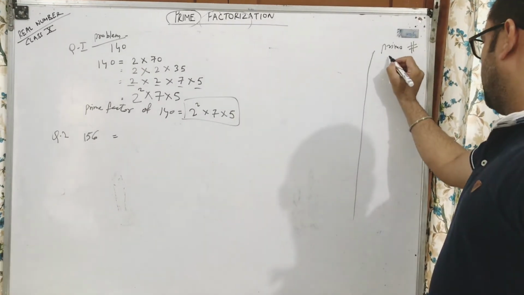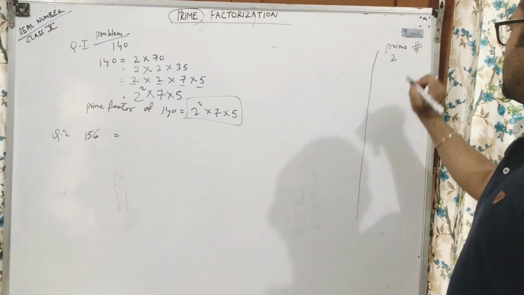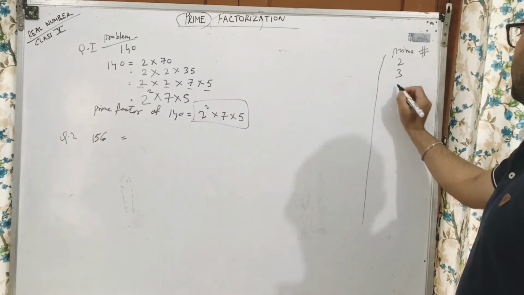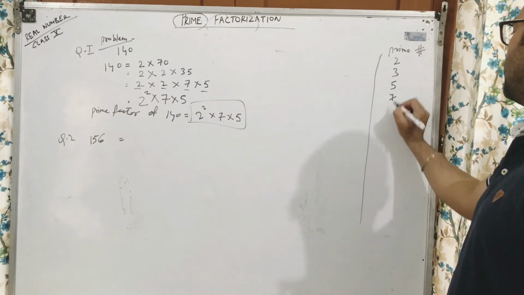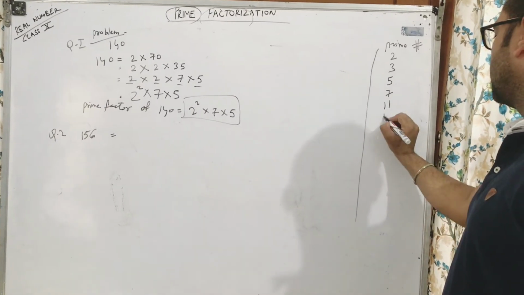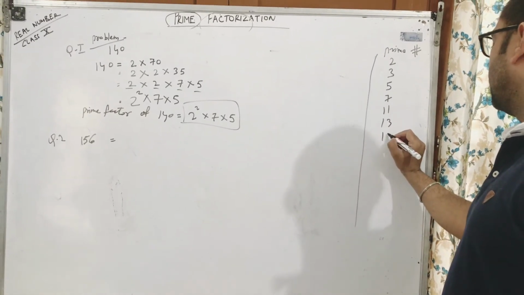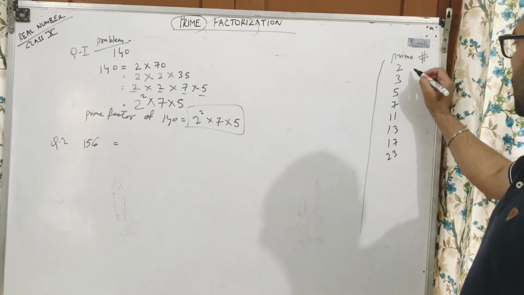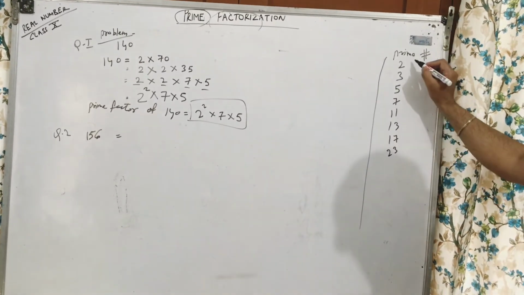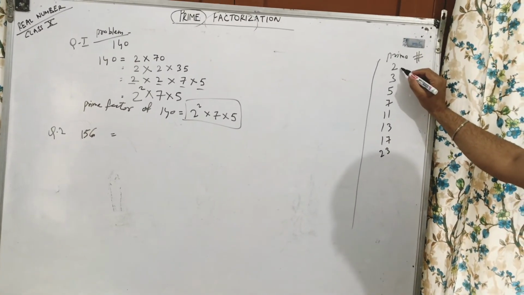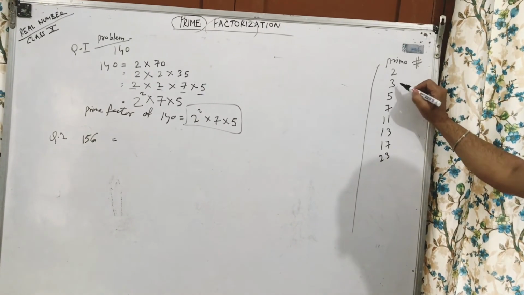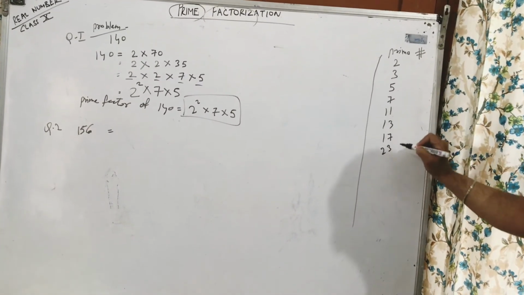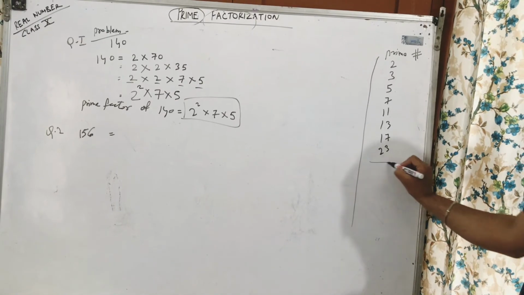The smallest prime number is 2, then 3, 5, 7, 11, 13, 17, 23 are also prime numbers. At least you should learn the first 8 or 10 prime numbers, like 2, 3, 5, 7, 11, 13, 17, 23. You should know these in your mind.